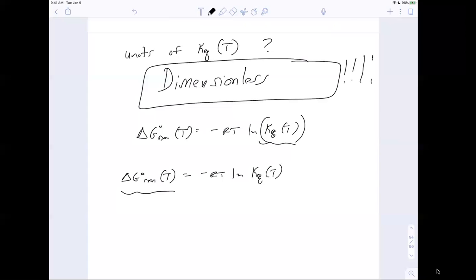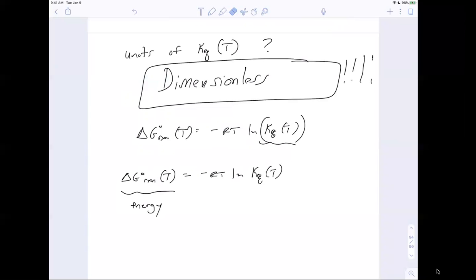Joules per mole, or energy per mole. Energy, right. G, in this case, is extensive, so it can't be per mole. If I were talking about molar, then I would have had a subscript m. So delta G has energy units.